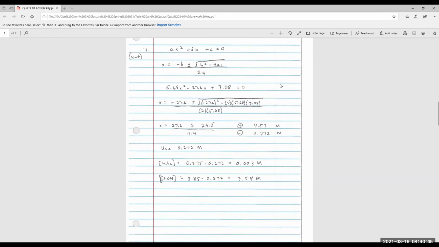Okay, it doesn't make sense in terms of what I started with. So that one's not a realistic number. So 0.272 molarity is what I'm going to use.